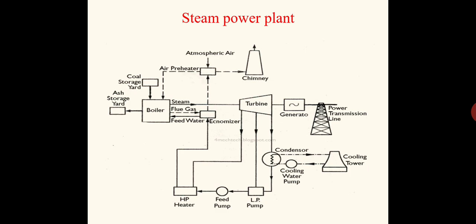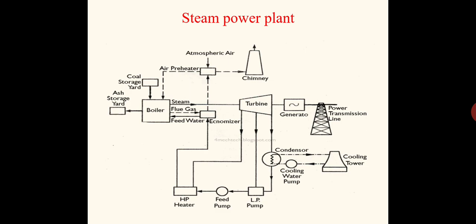Now on the screen you can see the layout of the steam power plant. As an introduction, you will know steam is produced in a boiler by providing some heat, so that utilizing that heat the water is converted into high pressure steam.